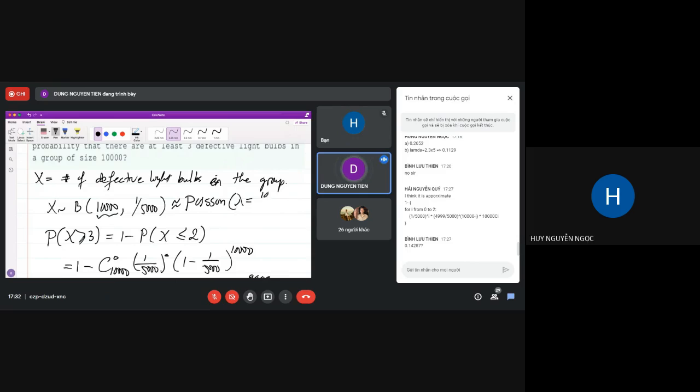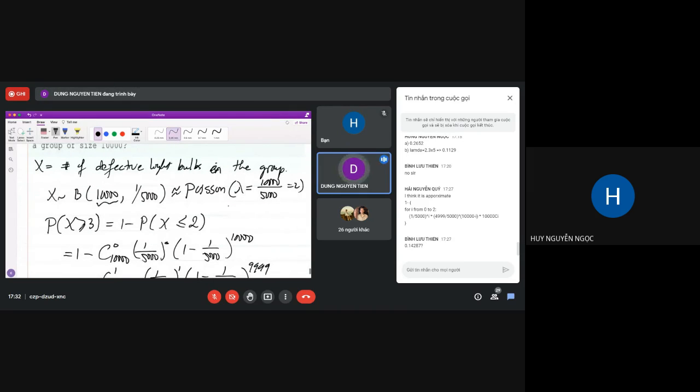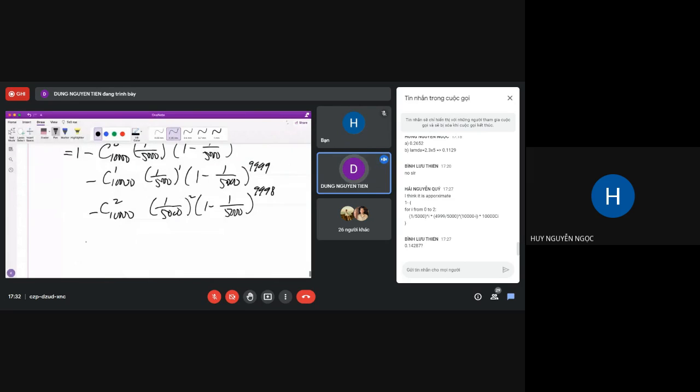You get 10,000 times 1/5,000, which is 2. Lambda is 2. Then I can approximate this probability by 1 minus e to the minus 2 times (2 to the 0 over 0 factorial plus 2 to the first over 1 factorial plus 2 squared over 2 factorial).